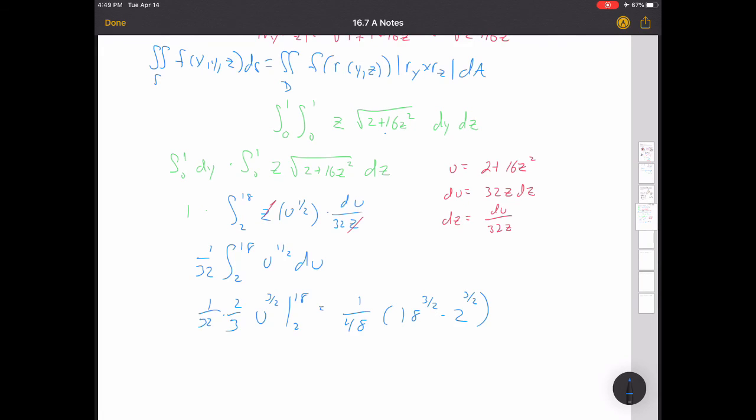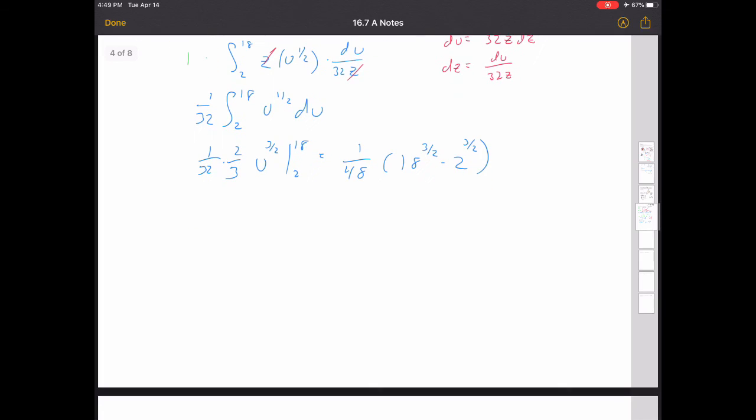I'm going to go ahead and simplify this thing just because I kind of have a need to. Just to me, it doesn't look simplified enough. Remember that something to the 3/2 is that thing times its square root. So we're going to have 1 over 48 times 18 root 18 minus 2 root 2.